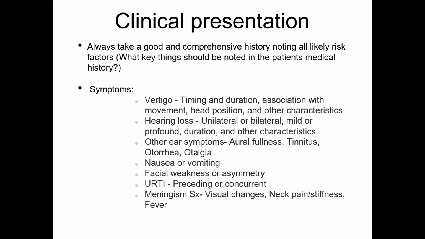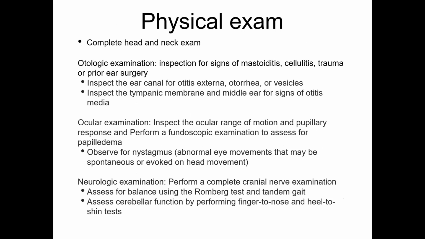Otorrhea, if it's associated with acute otitis media, and otalgia. Nausea and vomiting, facial weakness or asymmetry if we have other complications like facial nerve palsy. And signs of meningism like visual changes, neck stiffness, fever, headache, and ascertain if it's preceded by an upper respiratory tract infection or the upper respiratory infection is present.